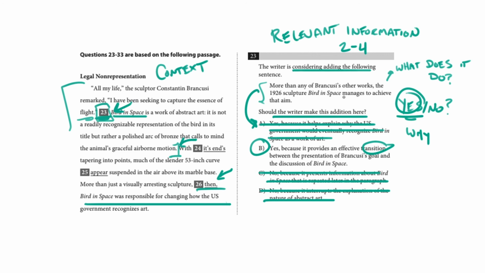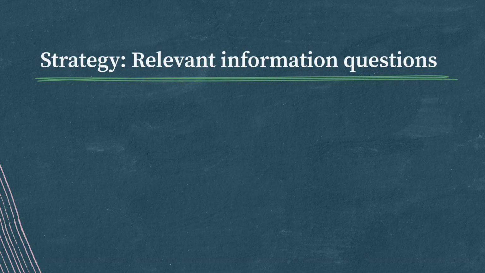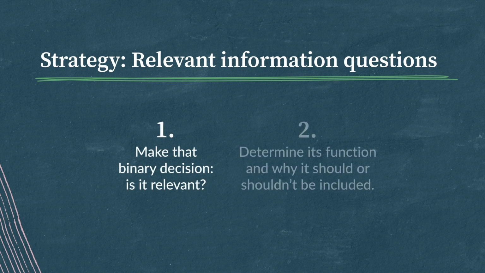But here we have this reference specifically: the sculpture manages to achieve that aim. What aim? Capturing the essence of flight, right? It even makes a reference back to the previous sentence. So we're trying to determine, does it fit in and why? So your strategy for relevant information questions like this is first to make that binary yes or no decision, and then determine the function of the sentence to help you figure out the reason to include it or not.